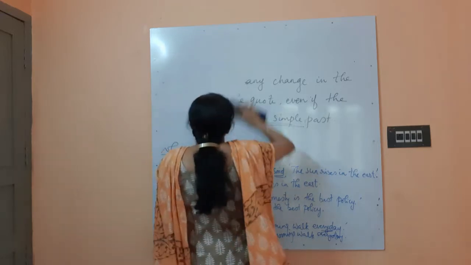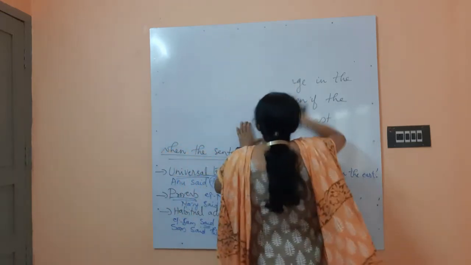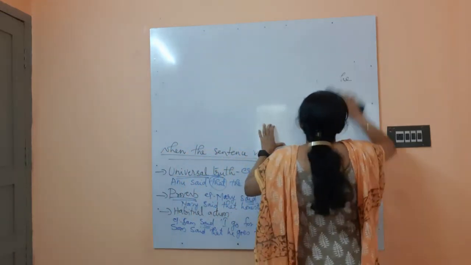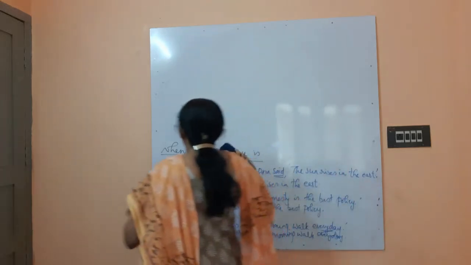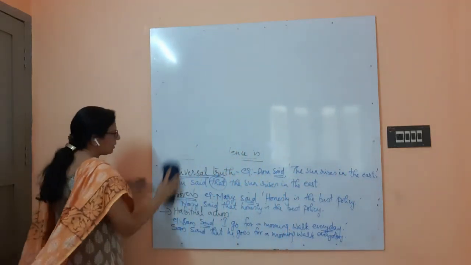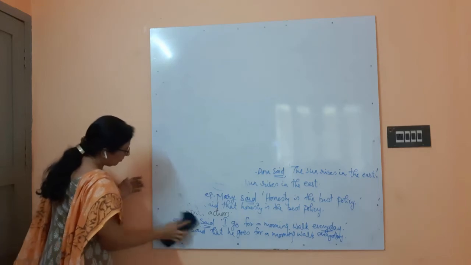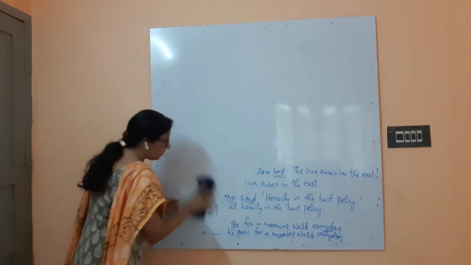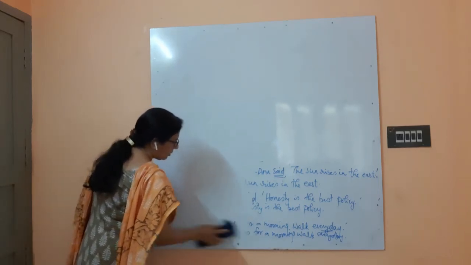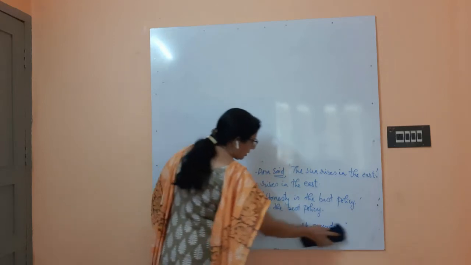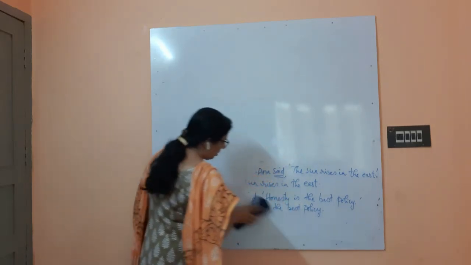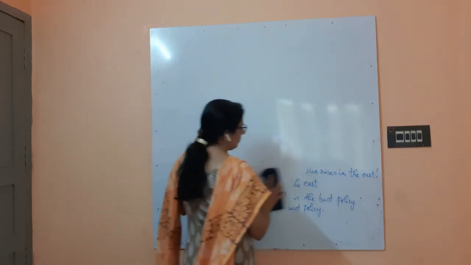Okay, now we'll move on with the usual conversions, from each tense, each kind of sentence. We'll see how the changes will happen. And words of nearness also will come in some sentences, so how the words of nearness will change to words of distance.